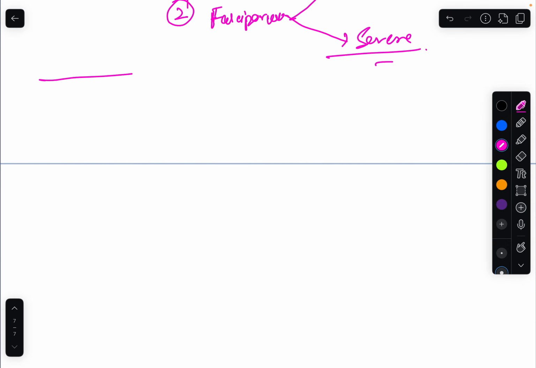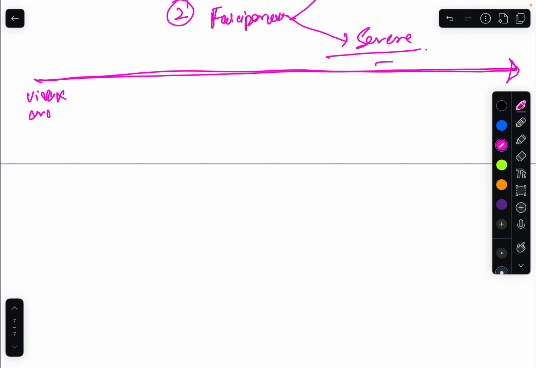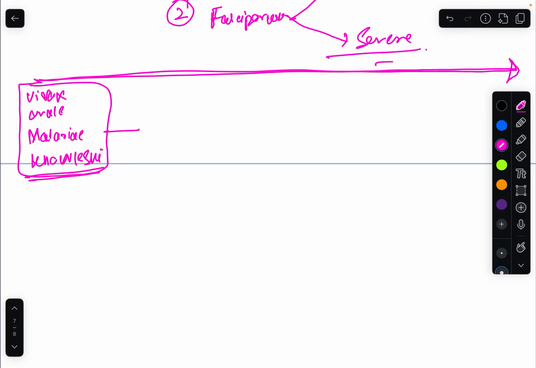So if we perform tests in a malaria patient and we come to know that the malaria is due to either of these 4, vivax, ovale, malariae and knowlesi, then the malaria will be uncomplicated.